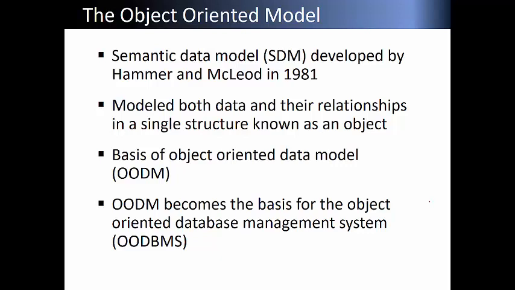Then in the late 1980s, the database community tried to think about how to improve the semantics in the database. How can we include the meaning of real-world structures in the database? Relational database, as you might know, is very simple, but it provides a strong declarative language, which is SQL.